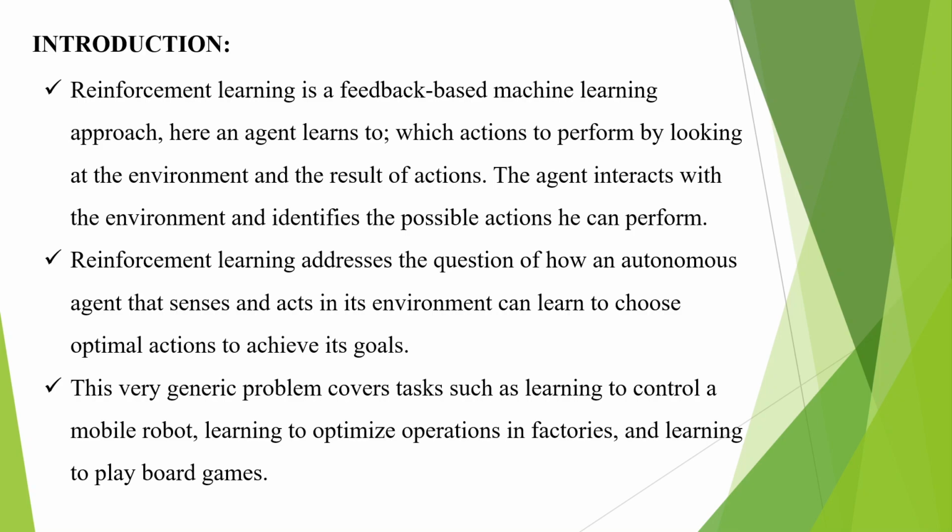As I said, here the learner will not be provided with any prior data or historical data. So the learner has to take some actions in the environment, and based on those actions only, it has to learn from the environment.